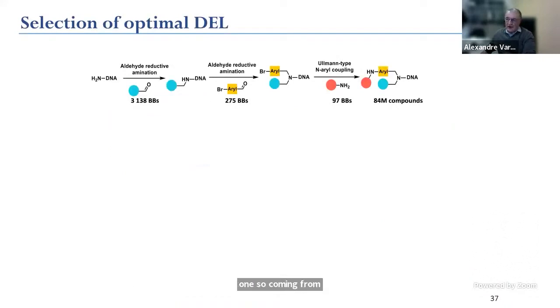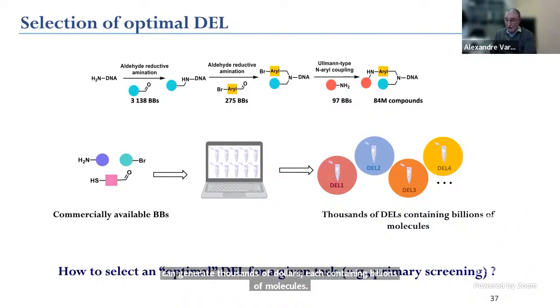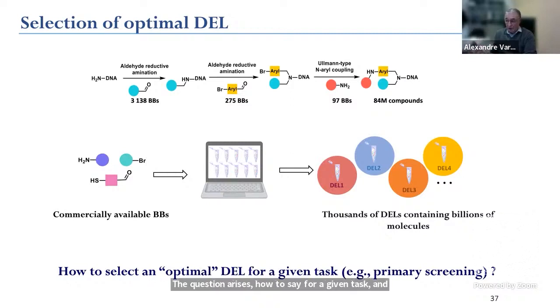A DEL results from 2 or 3 steps of chemical reactions between selected building blocks. Using a collection of commercially available building blocks and selected reaction rules, one can generate thousands of DELs, each containing billions of molecules. The question arises, how to select for a given task an optimal DEL, for instance, a DEL used in primary screening.